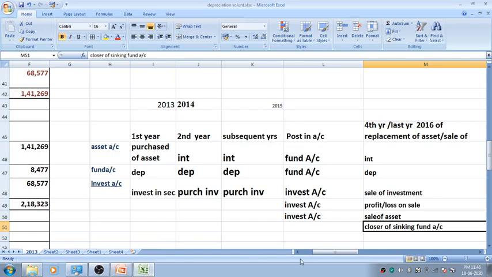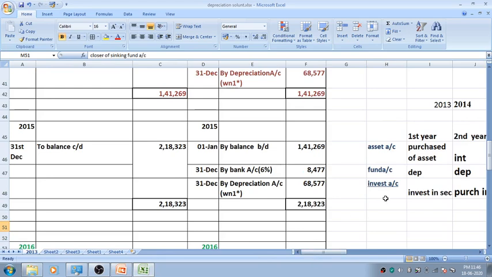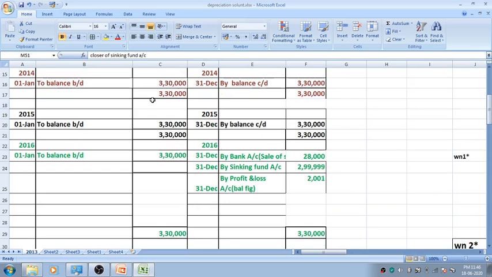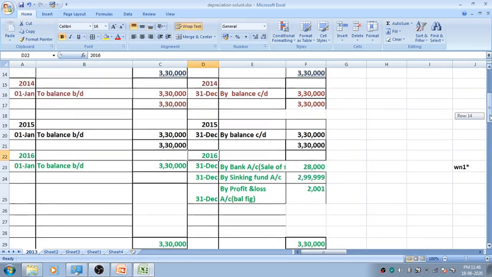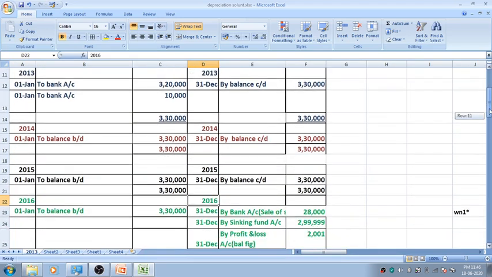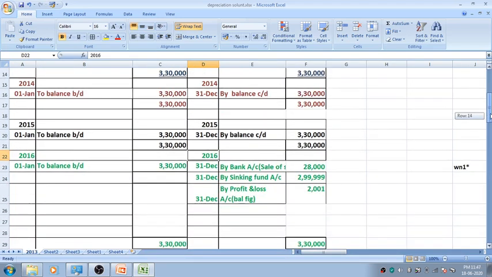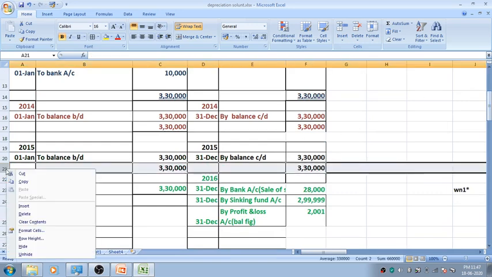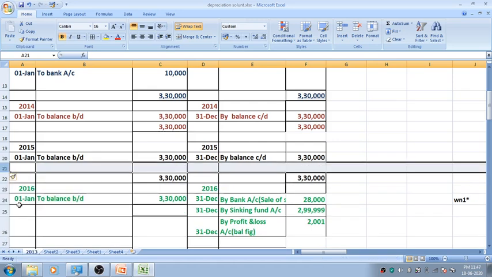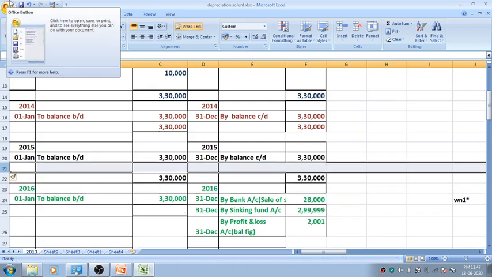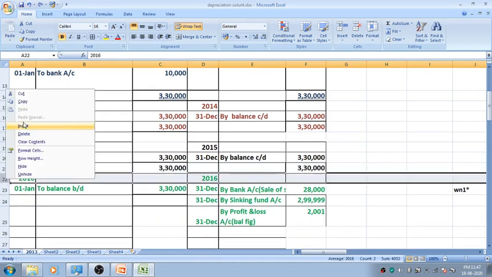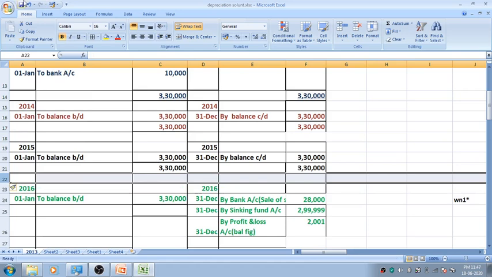Let us first see what the journal entry is in the sinking fund account. If you go to the machinery account, in 2016, we are going to write 2016, this is the machinery account, right? For 1, 2, 3, 4 years we are supposed to write; 3 years we have recorded, and we are supposed to write for the 4th year. Okay.